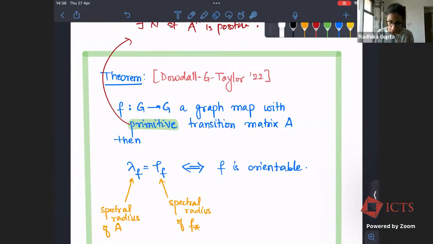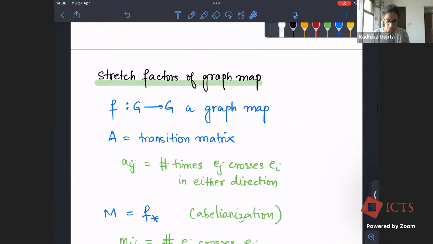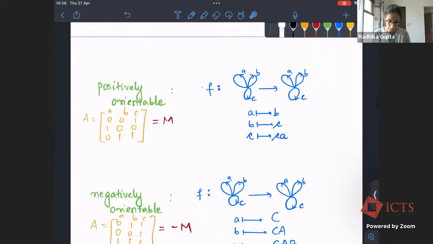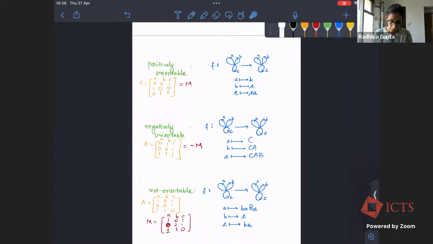So one direction is easy. If f is orientable, so if I'll just go back to the examples. Sorry, let me make it smaller for a second so you can see both. If f is orientable, so here A is equal to M, so clearly their spectral radii are equal. A is equal to minus M, so the spectral radii are still equal. The spectral radii, you take absolute values. Here A and M are not equal.